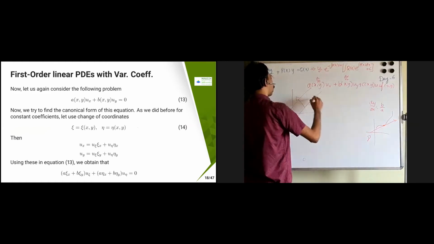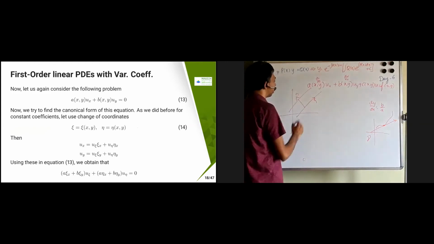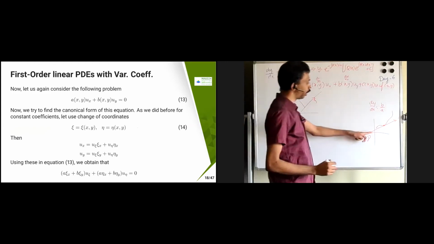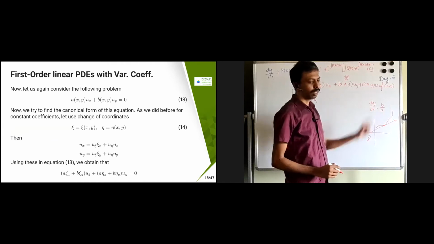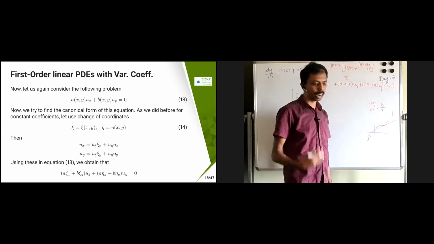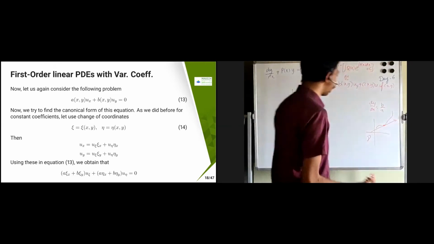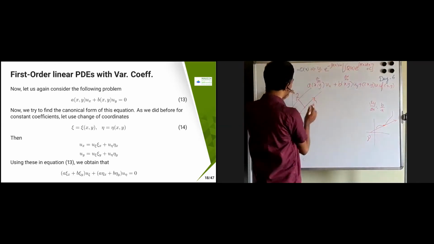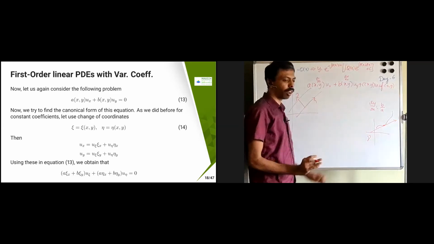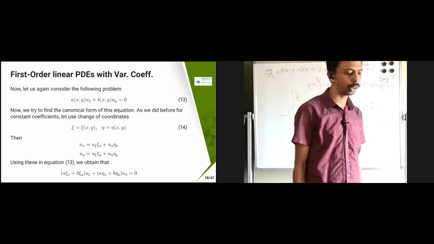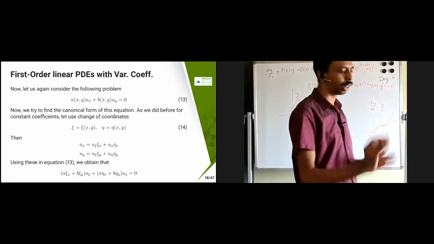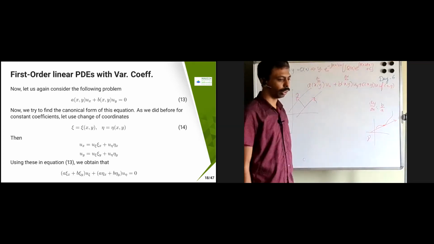Now this is no longer constant, it is moving. Therefore eta and chi are also going to change whenever x and y change. So this is not going to be a fixed coordinate, it is going to be a changing coordinate. It will always change whenever x and y change.